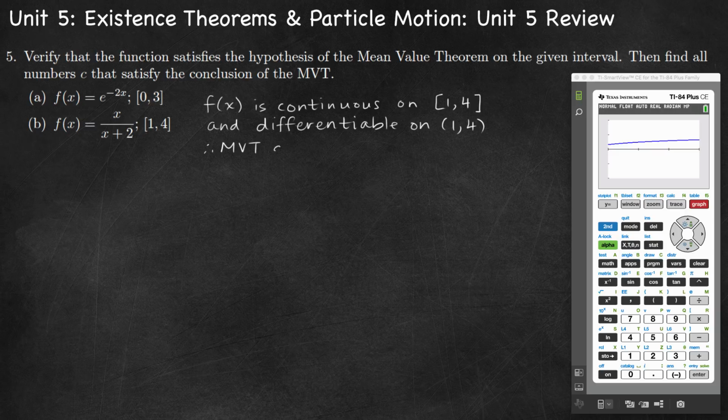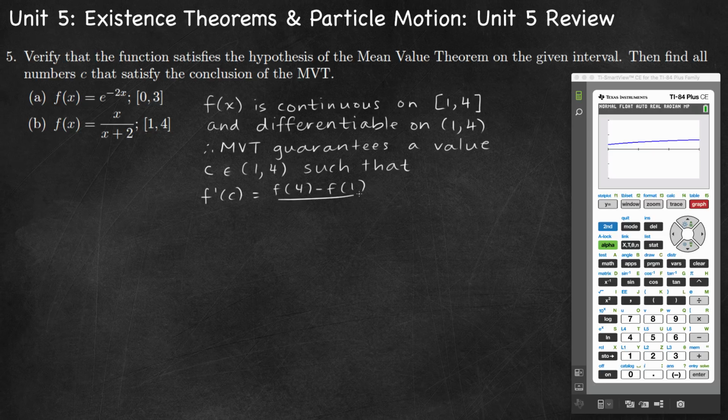Therefore, the mean value theorem guarantees a value c on my interval from 1 to 4 such that f prime of c is equal to f of 4 minus f of 1 over 4 minus 1.